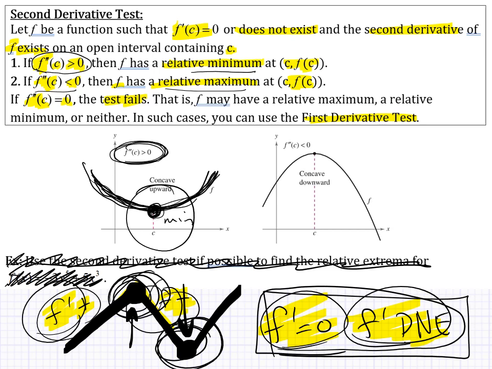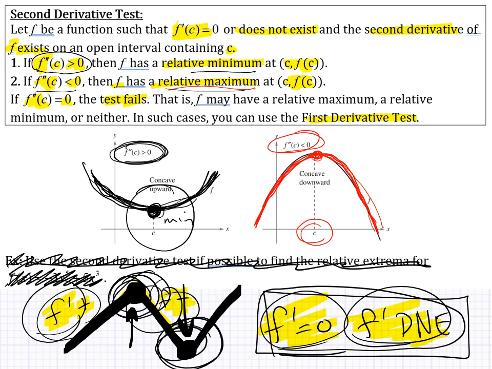If your second derivative is negative, that automatically tells you that the function is concave down. And if the function is concave down, then this critical number that you found using the first derivative is sitting on a concave down portion of the graph. And if it's sitting on a concave down portion of the graph, the graph is turning downward around it, thus making this point a maximum.